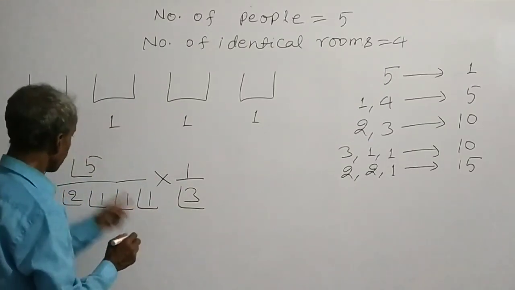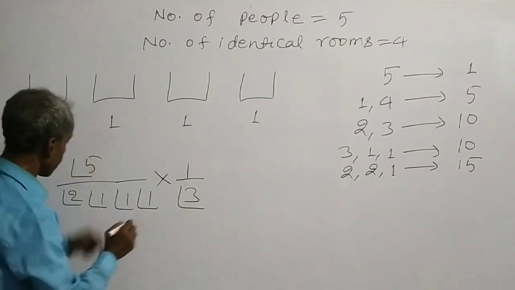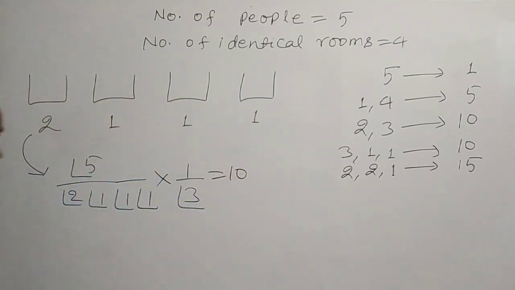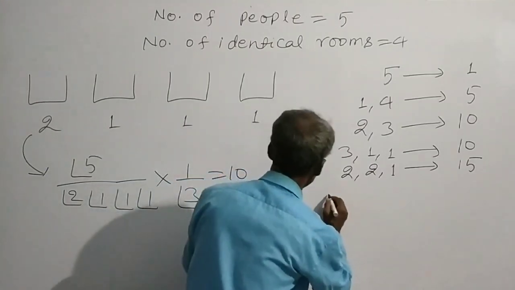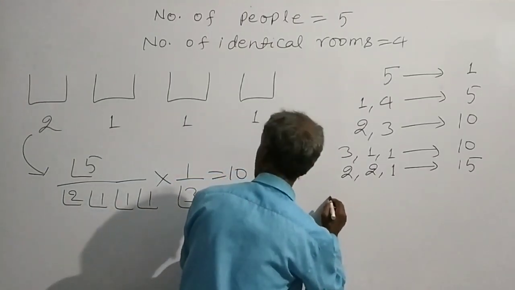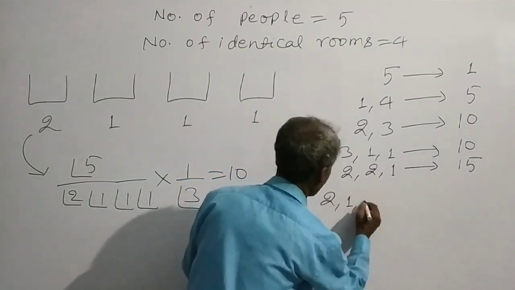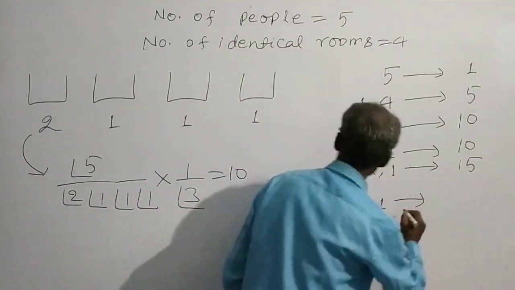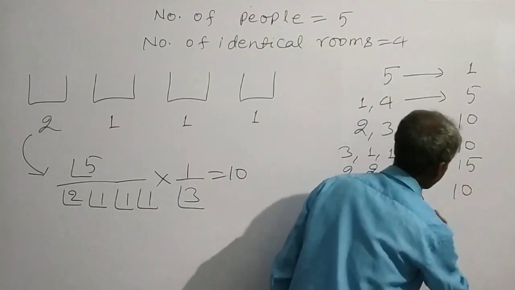This is equal to 4 times 5, 10. That means distribution of people in numbers 2, 1, 1, 1 can be made in 10 different ways.